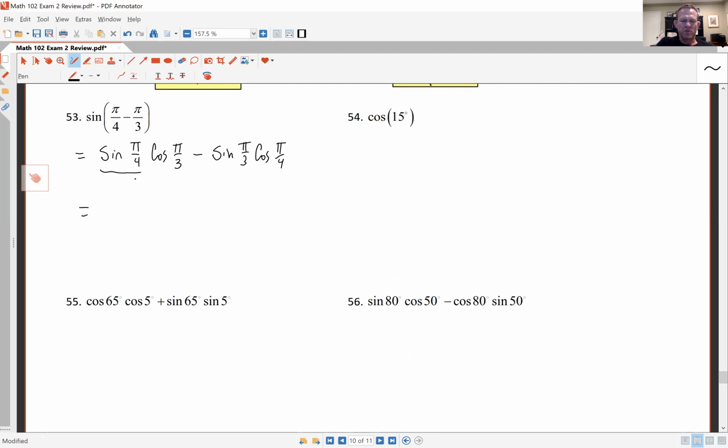All right, sine of 45 is root 2 over 2. Cosine of 60 is 1/2. Sine of 60 is root 3 over 2. And cosine of 45 is rad 2 over 2. Our denominator is going to be 4, and we'll have root 2 times 1 is root 2. Root 3 times root 2 is root 6. Root 2 minus root 6 over 4.